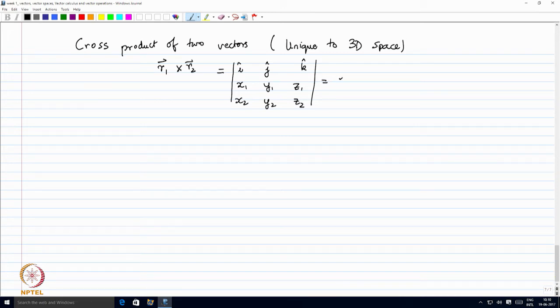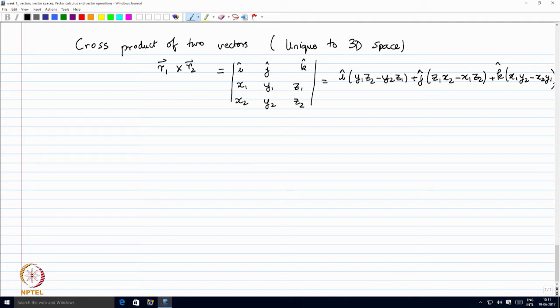So, I can write it as i into (y1 z2 minus y2 z1) plus j into (z1 x2 minus x1 z2) plus k into (x1 y2 minus x2 y1). This is the cross product, and clearly it is a vector. So, the cross product of two vectors gives you another vector. We saw that the dot product of two vectors gives you a scalar, while the cross product gives you another vector.